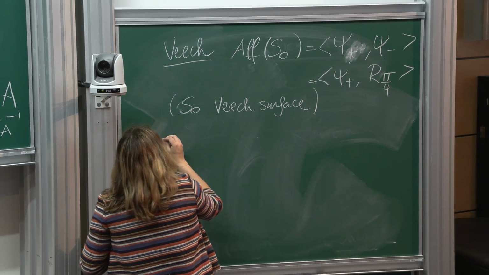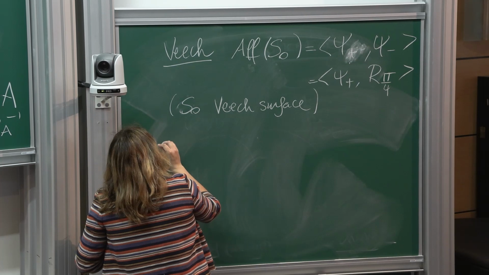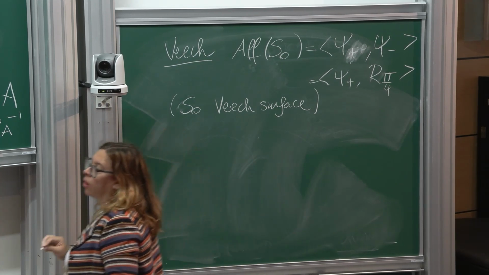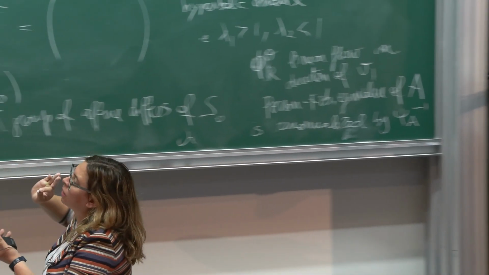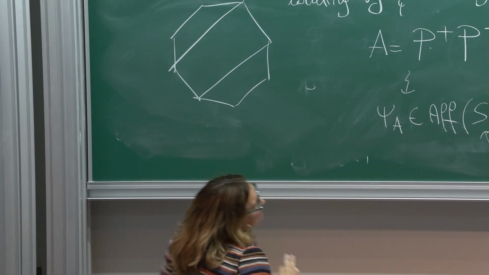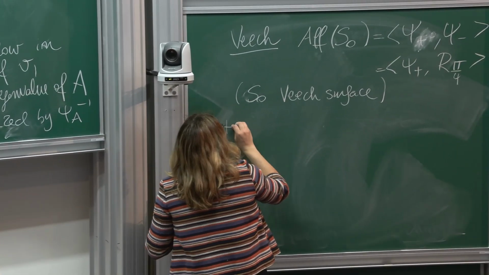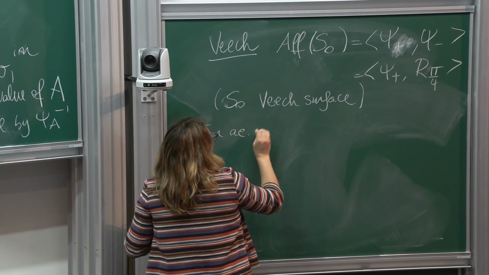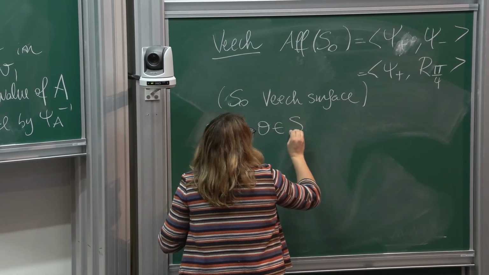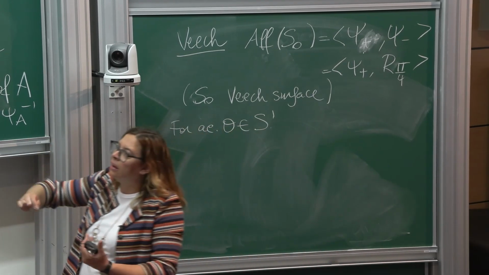Okay, so I can do this trick for all directions which are fixed by a hyperbolic element in this group. But actually, we can take almost every direction, even if the linear flow is not exactly rescaled.